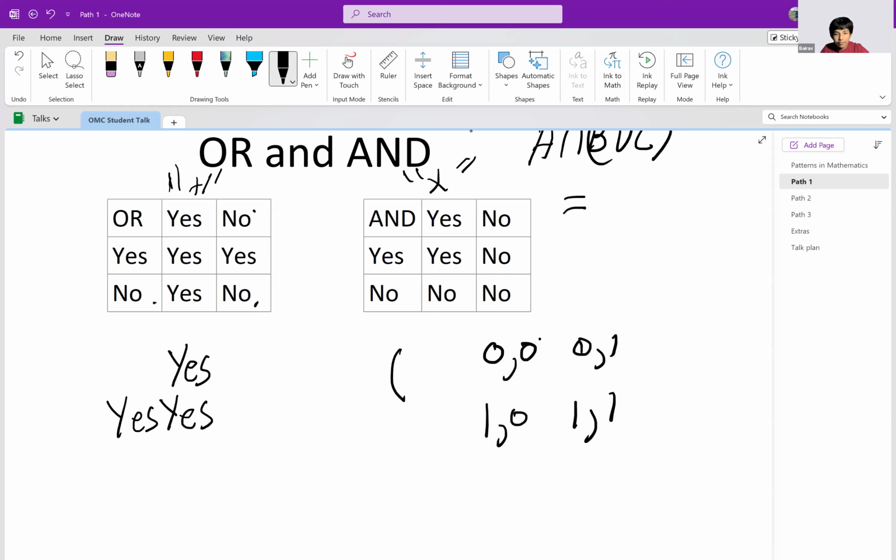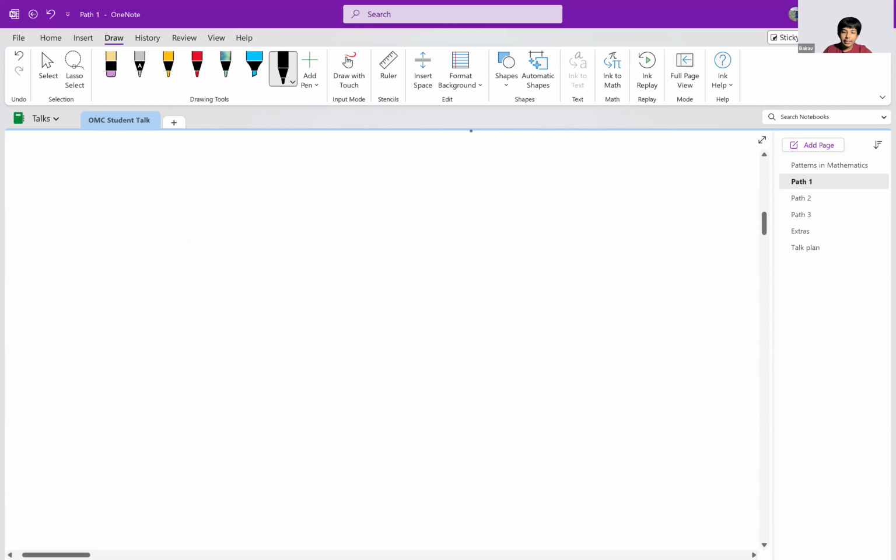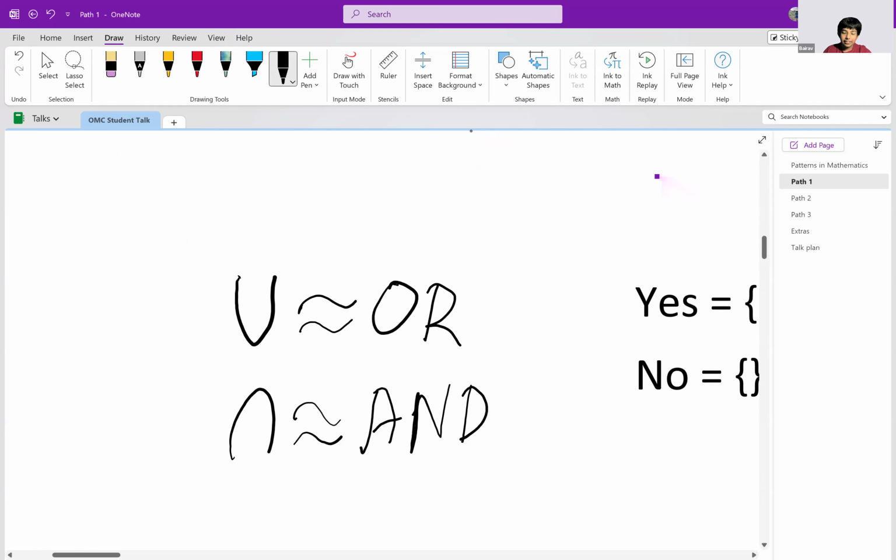But then this is for two elements, two different ones. If we do the same thing for a set, and we take the associated subset as all elements where we associate a 1 with them, then it just becomes union and intersection.